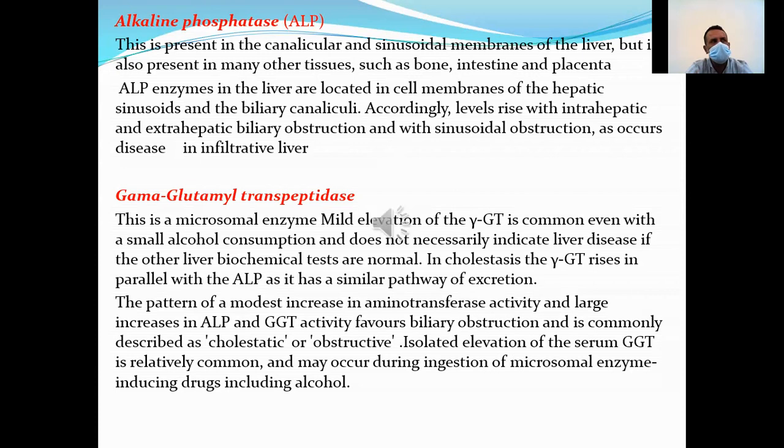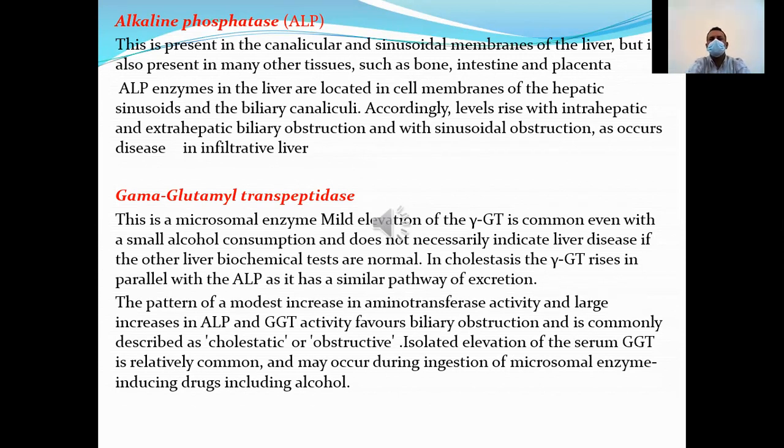So any disease of the biliary canaliculi and biliary system, like obstruction and inflammation, leads to elevation of this enzyme. So this enzyme indicates obstructive jaundice or obstructive biliary disease.